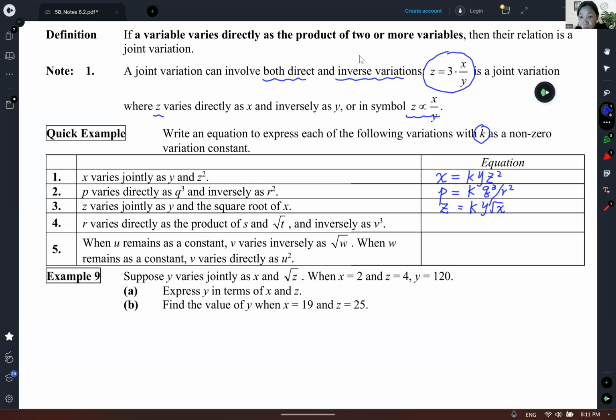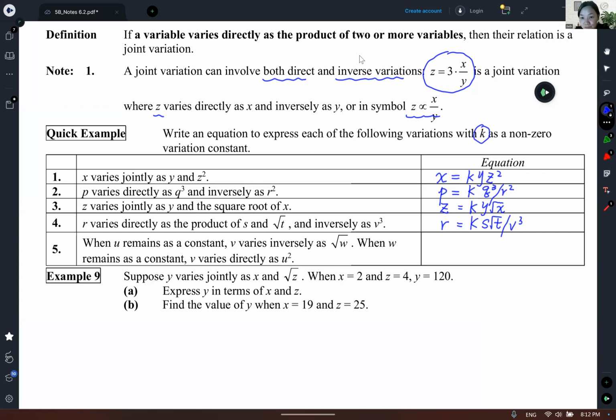Now here we have 4 variables: R, S, T, and V cubed. So R is on the left. On the right-hand side, I have the product of S and the square root of T, and inversely as V cubed. So I'm going to divide by V cubed and then put the variation constant.